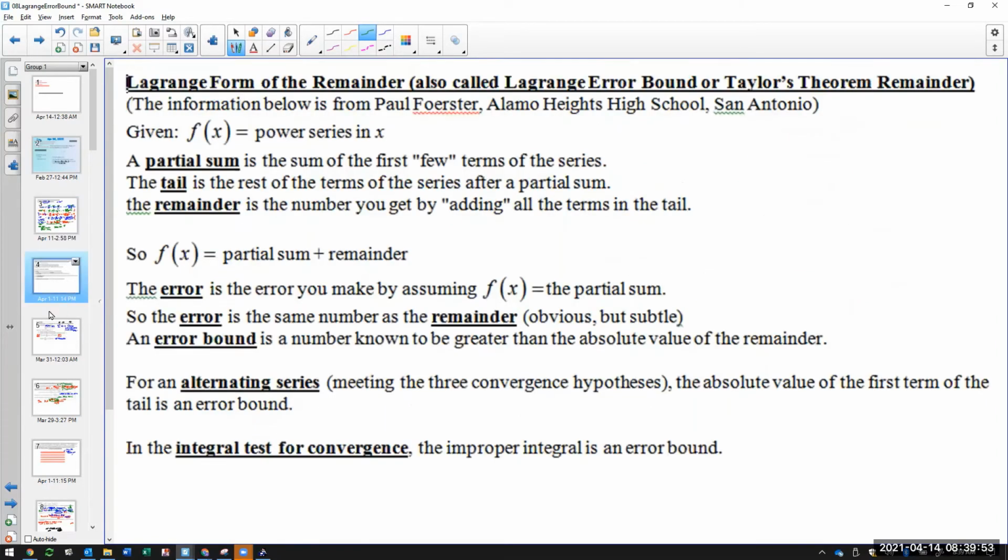So you have some definitions in your notes. I think you know most of these definitions. If you don't, you could read through them and make sure you understand the definitions.